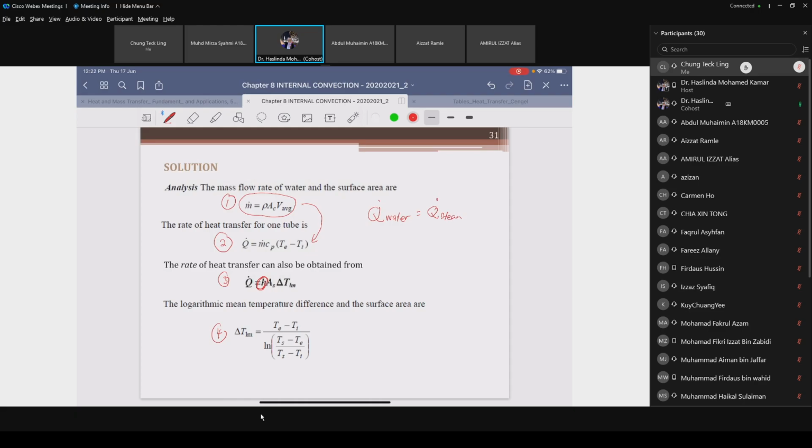Betul tak? And then the Q of the water tadi tu lah Q. Okay, sorry, saya padam balik. M dot water, CP water, T exit minus T inlet of the water is equal to H.